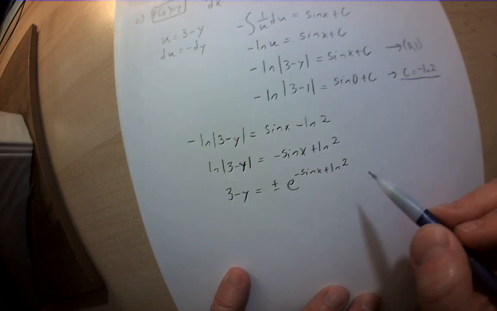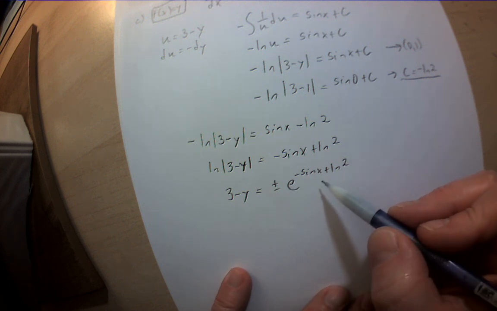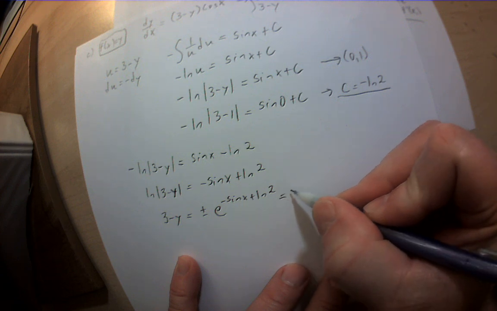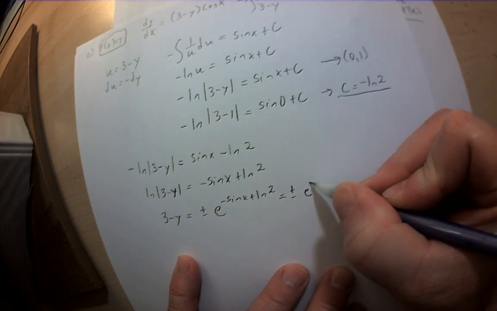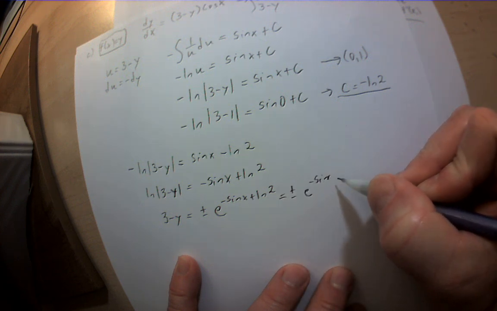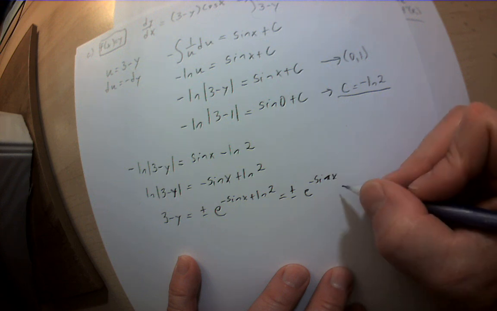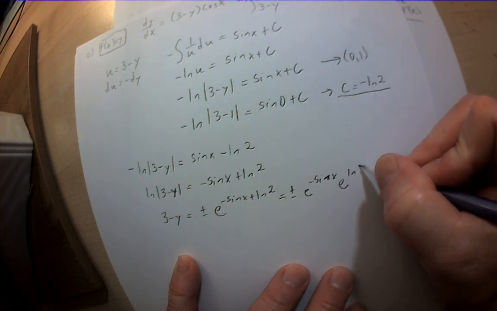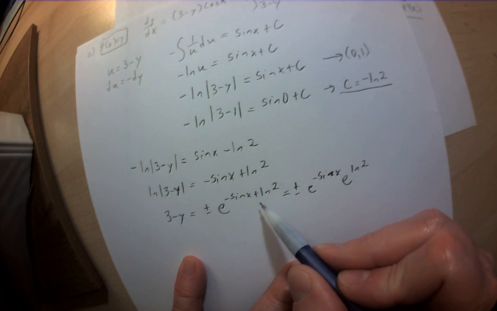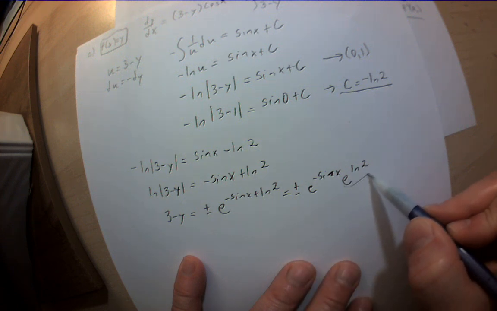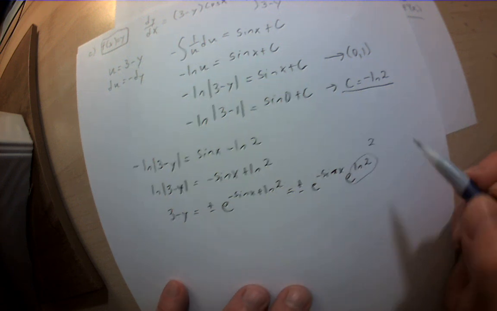Let me do something before I solve for whether it's the plus or the minus. If you remember, this is plus or minus e to the negative sine x times e to the natural log of 2. Remember, when there's an addition up there, it becomes a multiplication. e to the natural log of 2 is just 2.